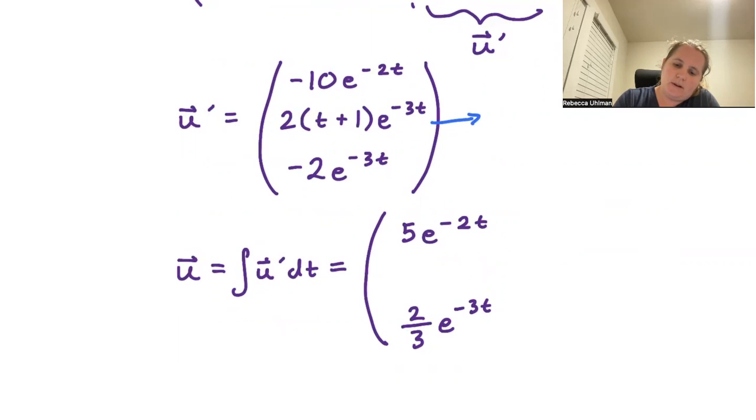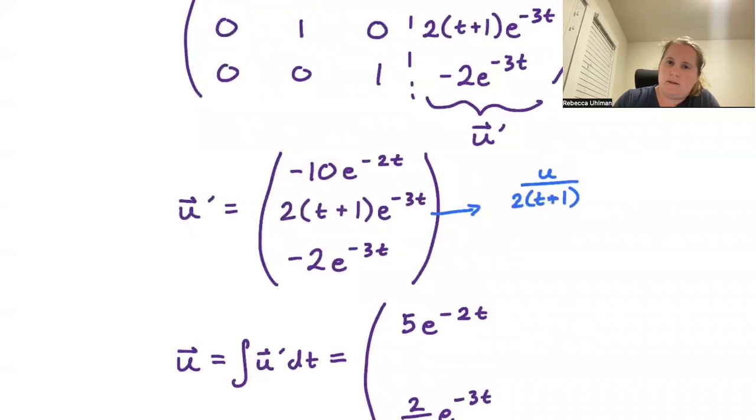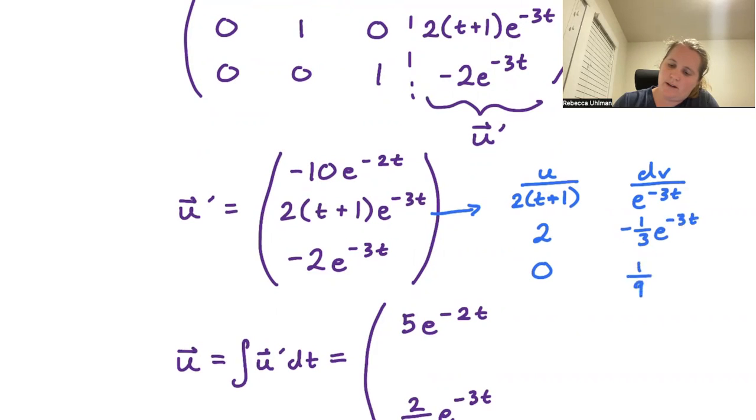Let's do 2 times (t plus 1) as our u, and dv, we will do the e to the negative 3t. So differentiating down the u, we go to 2 and then we go to 0. Integrating the dv, we would have negative 1/3 e to the negative 3t, and then positive 1/9 e to the negative 3t.